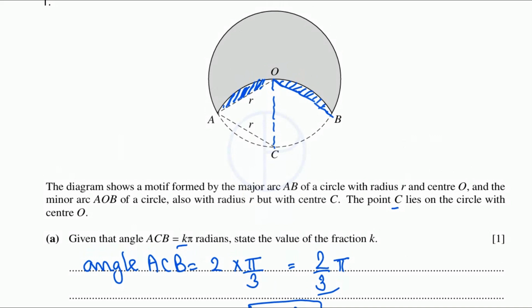So the area of the sector is half r squared theta. Here we know the radius is r, and what is the angle here? The angle at this part is pi over 3.